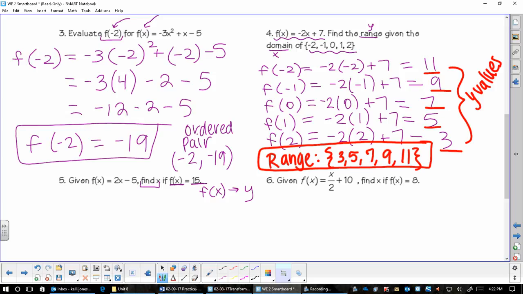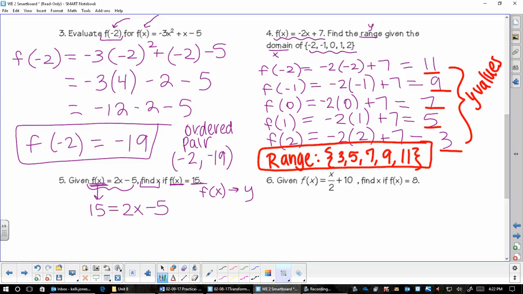So I go back to this original equation right here. Do you see an f of x? I do, right there. So this f of x is equal to 15, so I could just replace f of x with 15 equals 2x minus 5. And now look at what happens. It said find x. We now have the equation set up so that we can solve it for x. We use inverse operations.